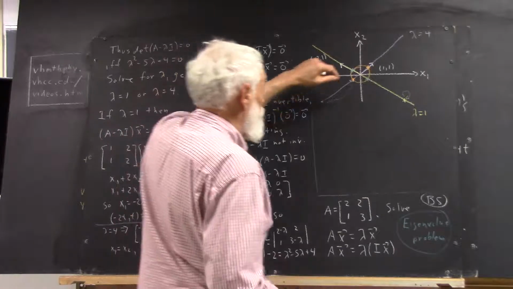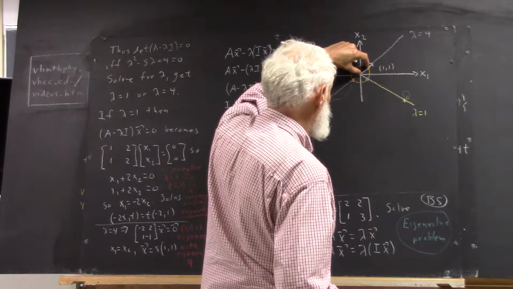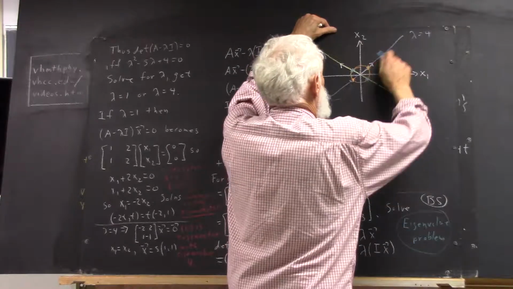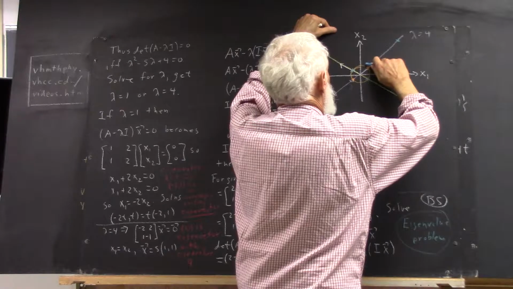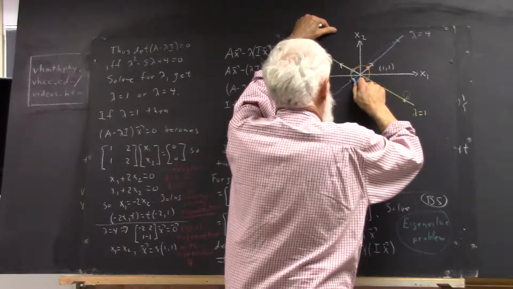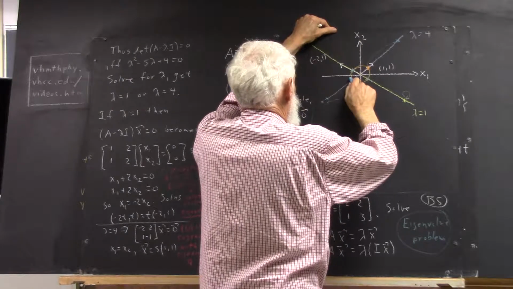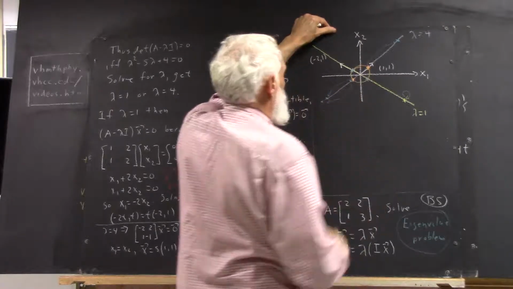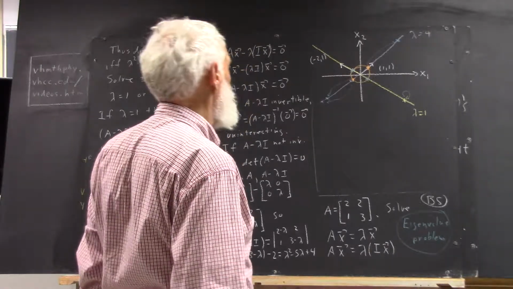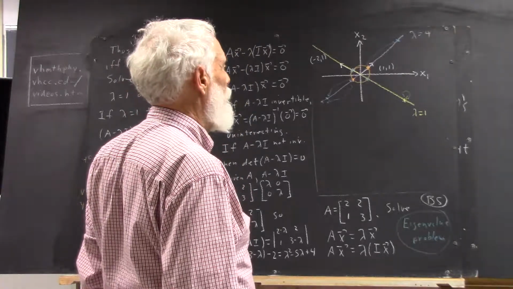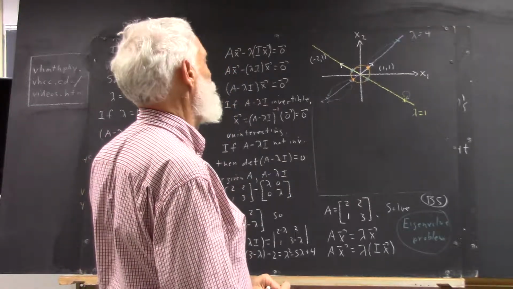Well, that means a vector from here to here would map onto a vector in the same direction but 4 times as long, so this point would end up out here. Okay, so this point would map to here, and this point, well, this is kind of close to this point, but okay. This point's going to map to here. Okay, so how are we going to do that? What's going to happen to the space in between these lines, okay?